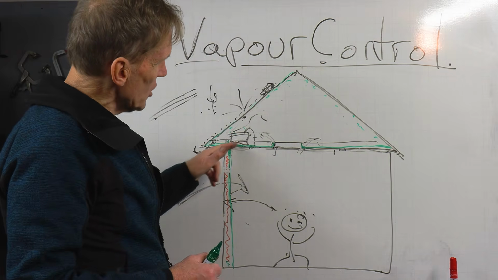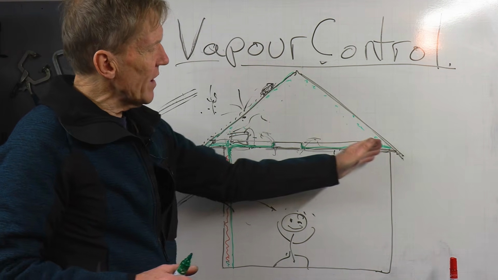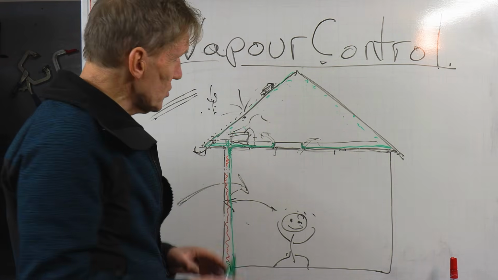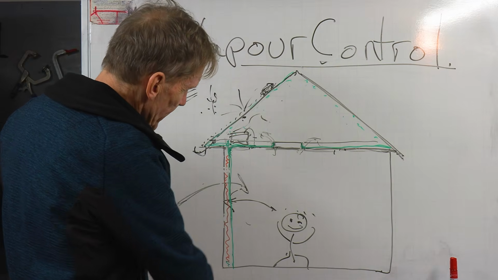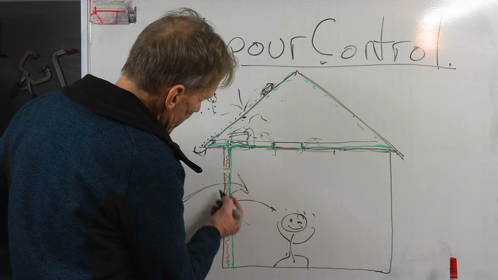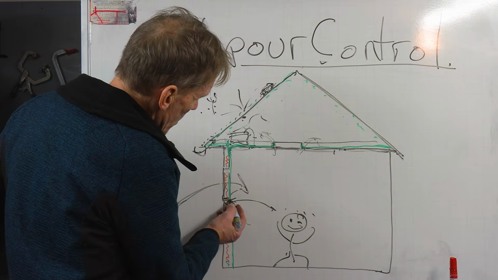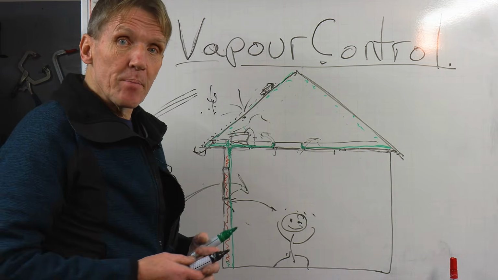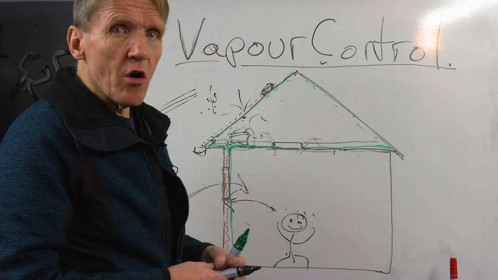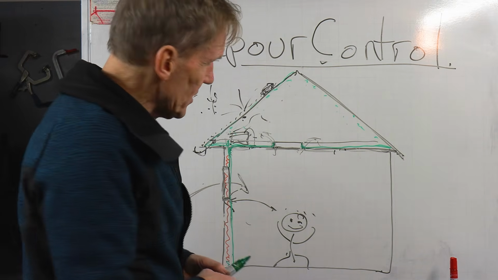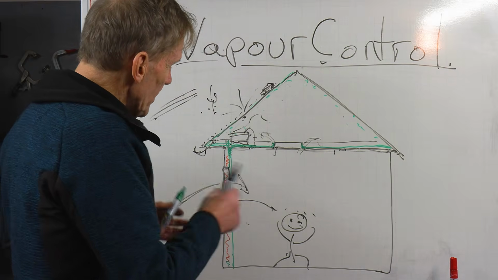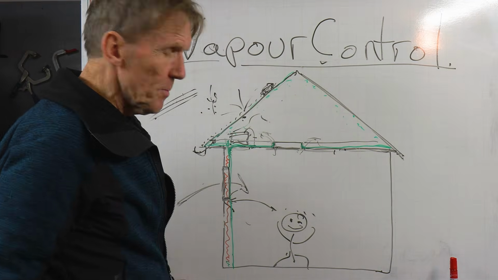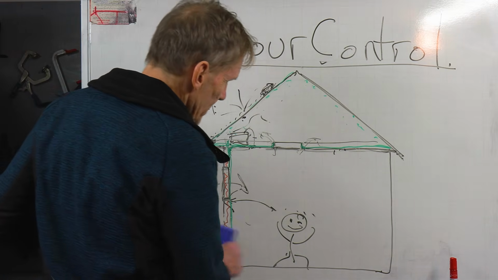So we do a good job of taping and sealing all that vapor barrier all the way around the house, around the windows, around the doors, anywhere where it's possible for a bit of moisture to escape through the fabric of the building and find its way into that space the other side, where if it builds up it can start to cause rot and all kinds of other problems, mold and you name it. So we don't want it, we want to get rid of it. So that's just basically the principle of a vapor barrier and vapor control.